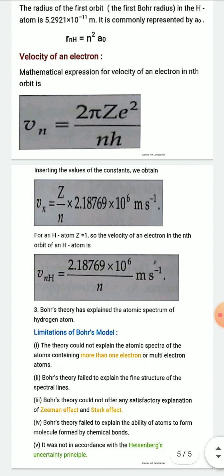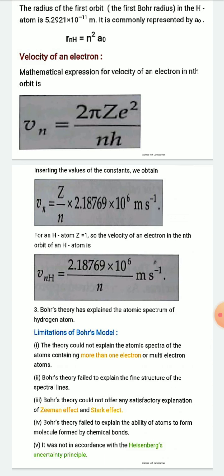And the next limitation of Bohr's atomic theory is that Bohr's theory could not offer any satisfactory explanation of the Zeeman effect and Stark effect. What are the Zeeman effect and Stark effect?